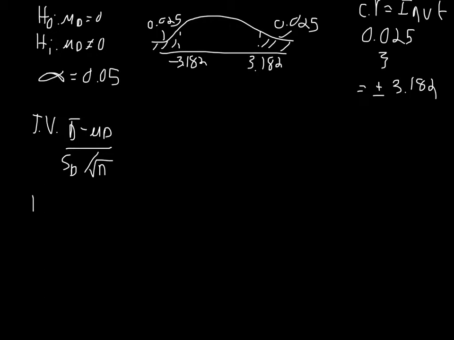So if you go back to the calculations, the mean was 0.03, the standard deviation is 0.013, the null hypothesis value is going to be 0, and n is going to be 4.